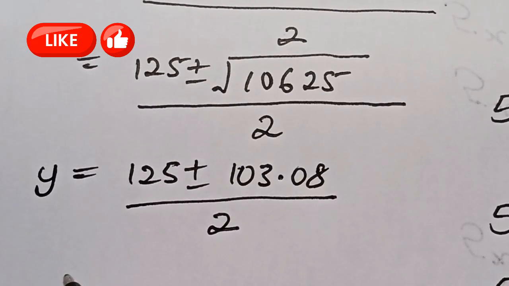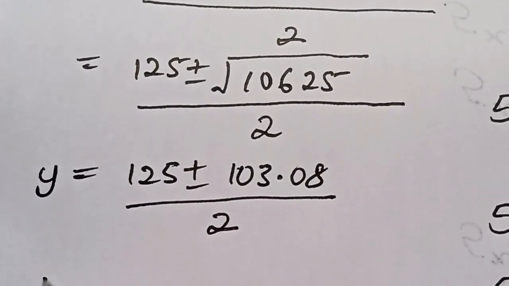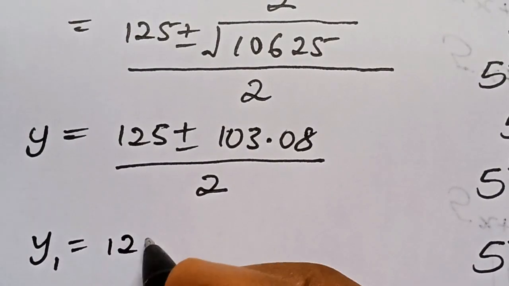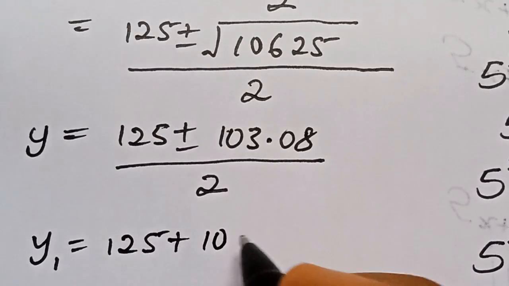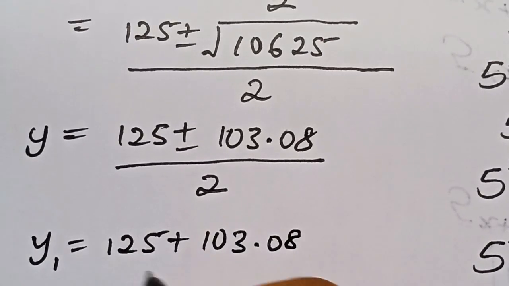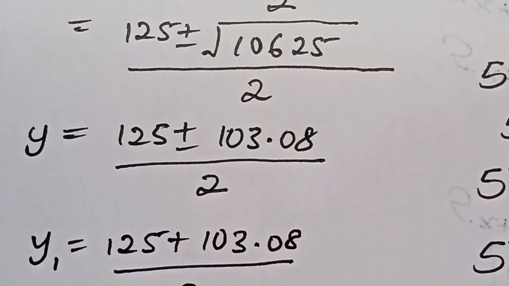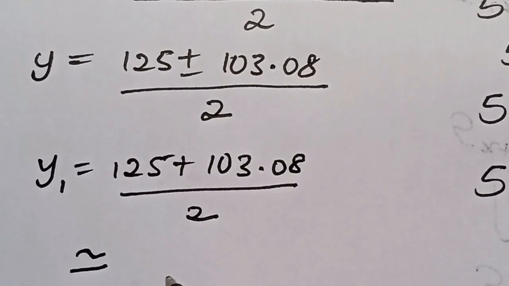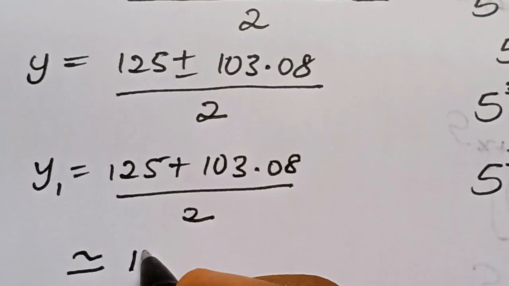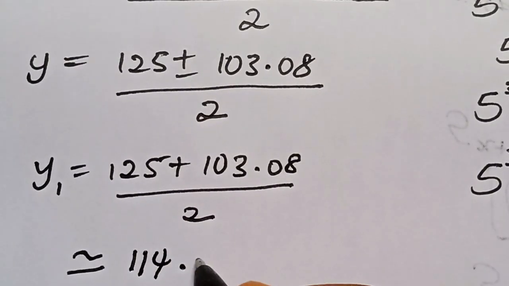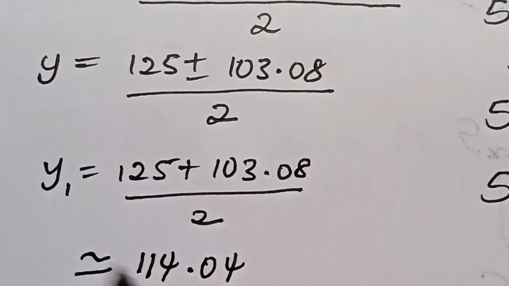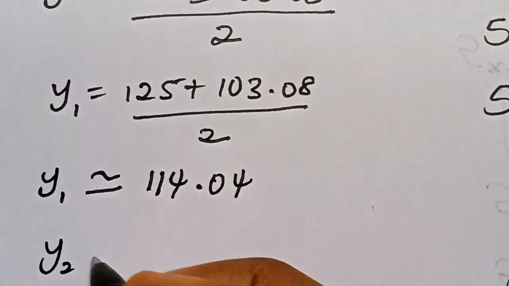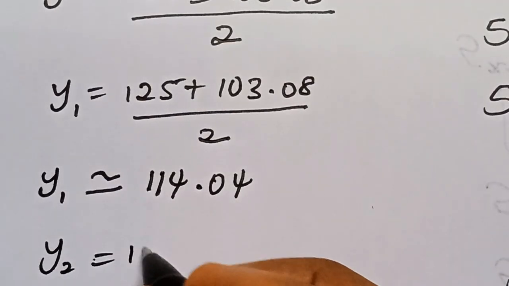The first one, y1, equals 125 plus 103.08 over 2, and using our calculator, that is approximately 114.04. That will be the y1.